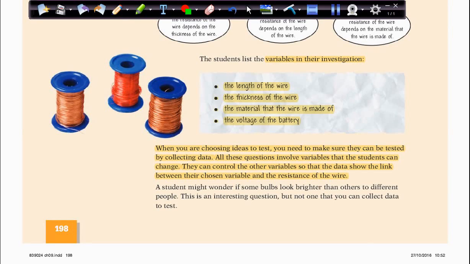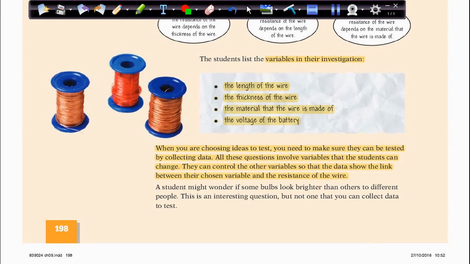All these questions involve variables that the students can change. So these students can change the length of the wire or thickness of the wire, or use different thicknesses, or they can change the material that the wire is made of. And they need to choose a voltage of the battery.